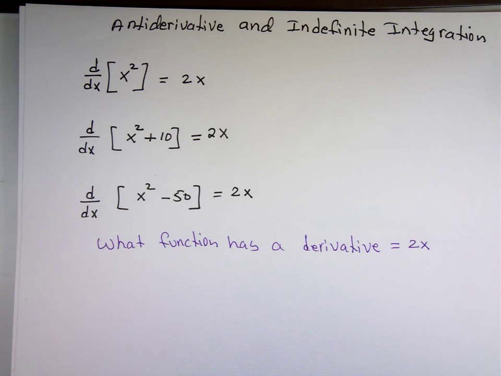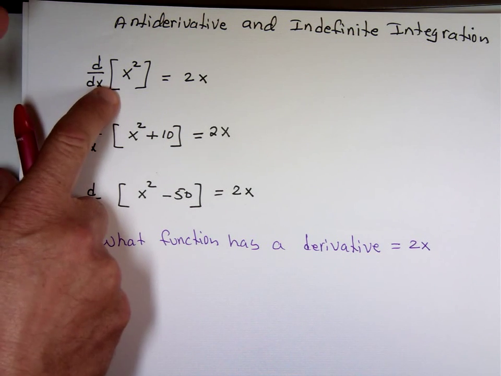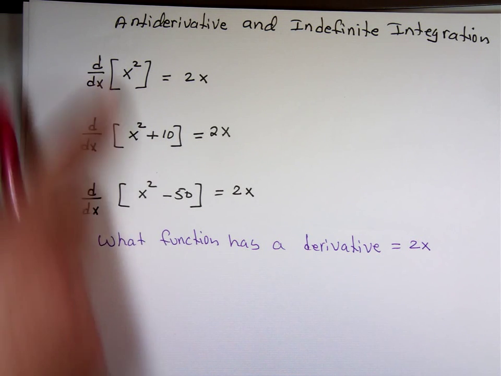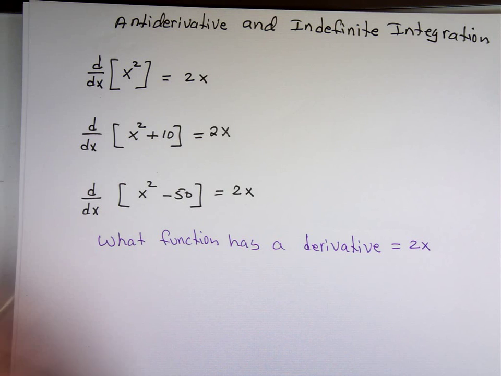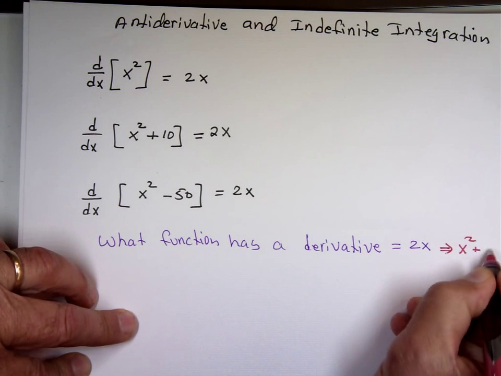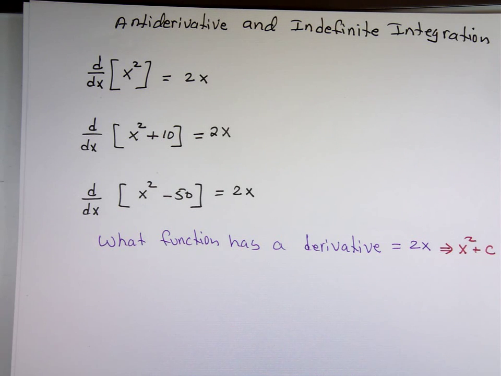Well, what is it? x squared plus a constant? Yes. x squared is one of them, but it's not the only one. It could be x squared plus 10, x squared plus 50, x squared plus 9, x squared minus 50, minus 40. So we saw the answer to that is x squared plus some constant. That constant could be a positive number or a negative number.